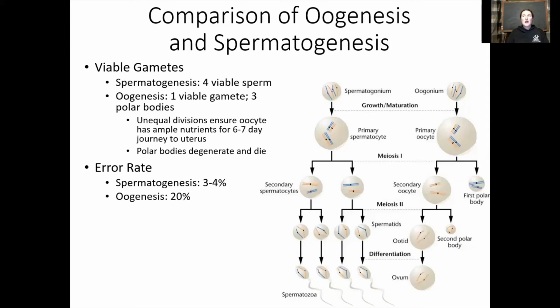A lot of the genetic mutations associated with the female error rate are chromosome number abnormalities. Down syndrome, for example, is having an extra chromosome. The division of the DNA did not proceed appropriately, and so the egg might end up with an extra chromosome. So that's some of the issues that you might see in a female.